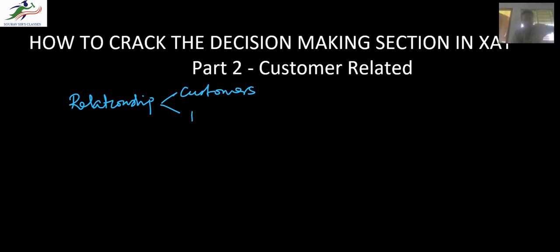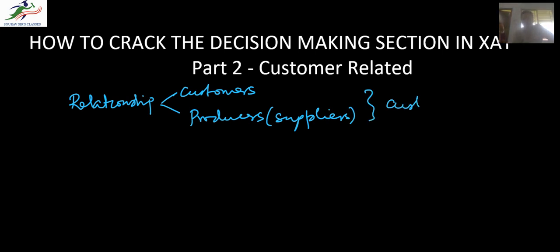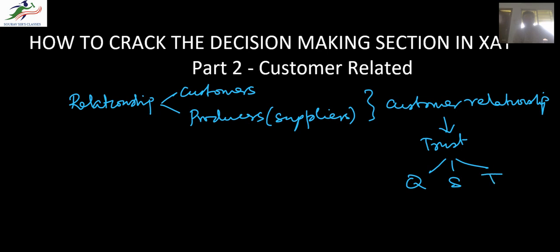So customers form a relationship between customers and producers or suppliers, which we call customer relationship. And this is built on trust, which is built on quality, service, and transparency.